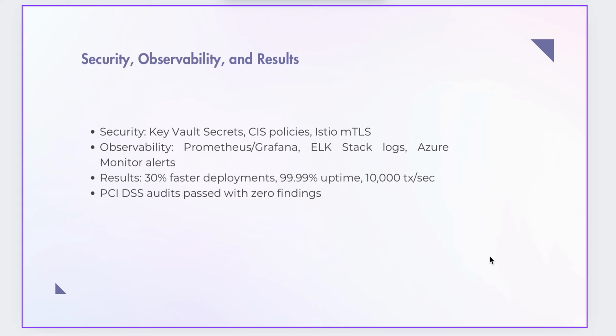For observability, I configured Prometheus to collect metrics displayed on Grafana dashboards, tracking deployment success and system health, like Kafka consumer lag. ELK stack logged events for audits, and Azure Monitor sent alerts to Slack and email.